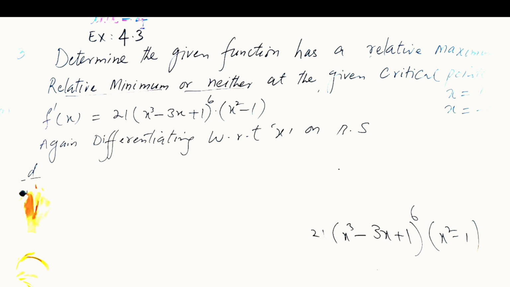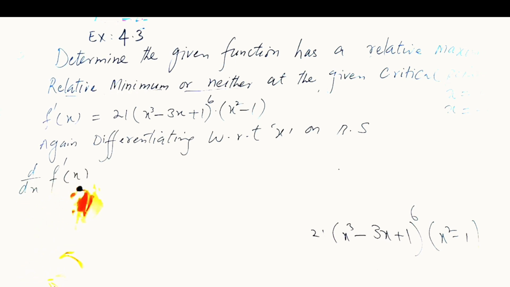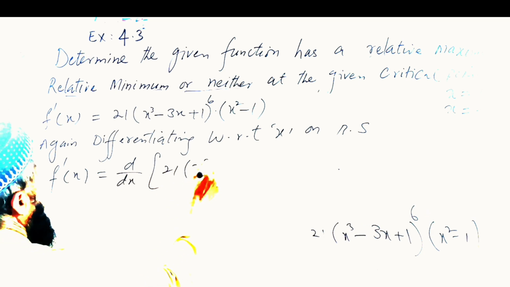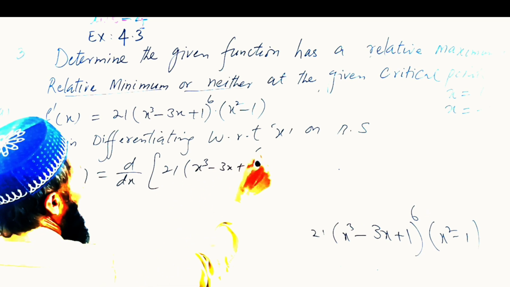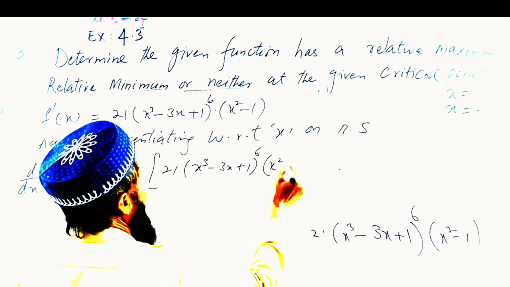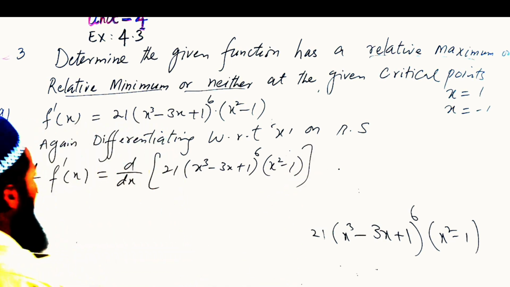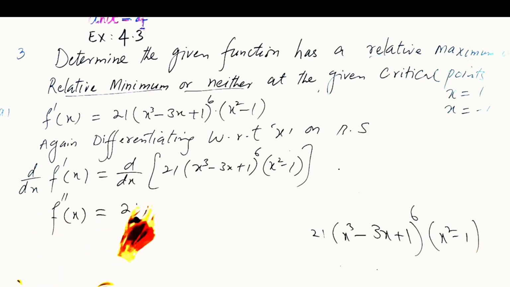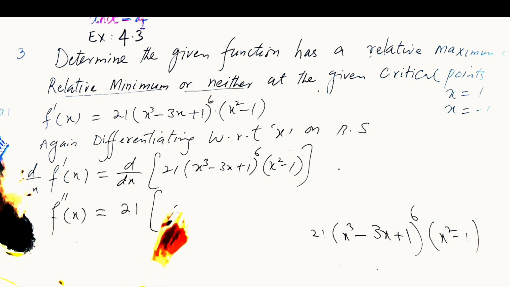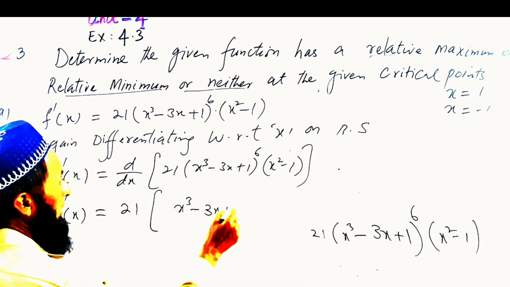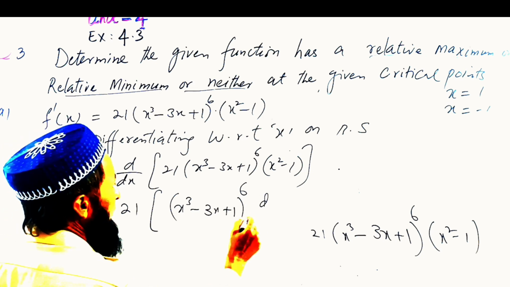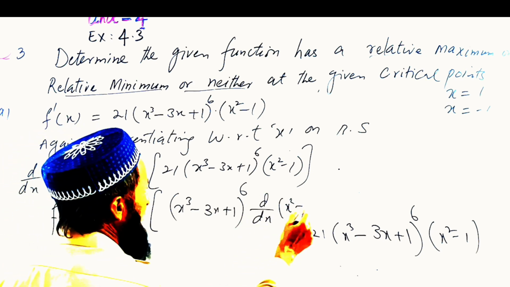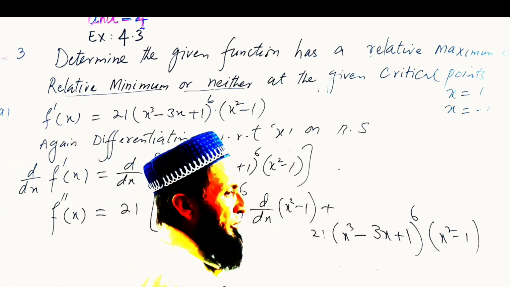So d/dx f'(x) = d/dx [21 (x³ − 3x + 1)⁶ (x² − 1)].